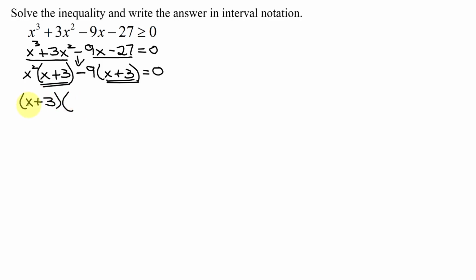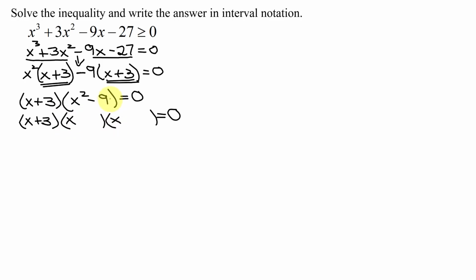You factor it in front, and what does it leave behind? X squared minus 9. So now leave the x plus 3 alone. Does x squared minus 9 factor? Yes, it's 2 terms. It's the difference of 2 squares. And that's going to factor into 2 binomials. What is the square root of x squared?